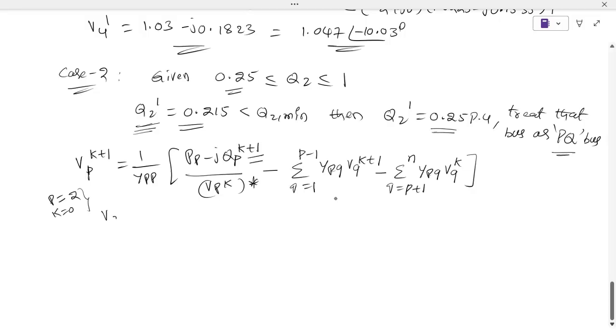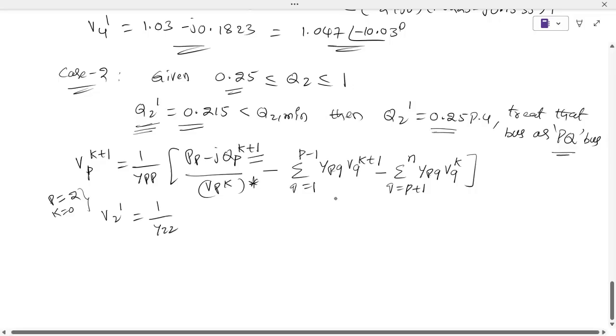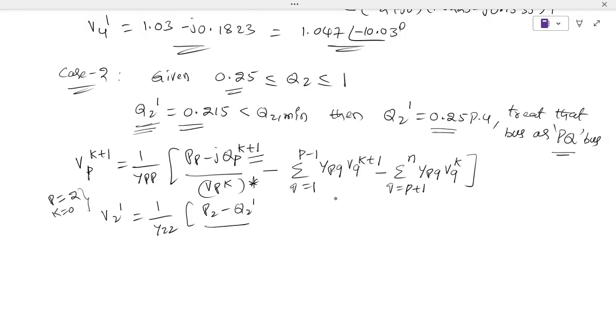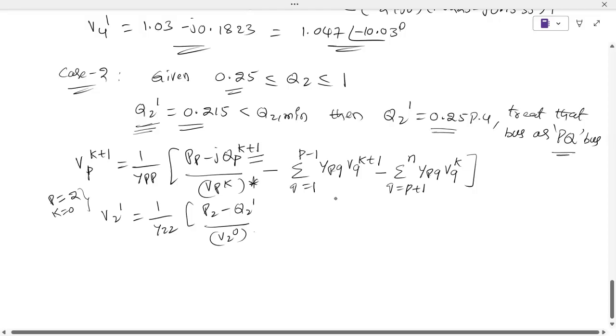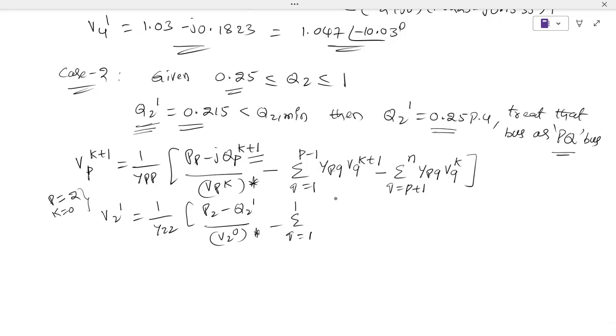That is V21 equals 1 by Y22, times P2 minus jQ21 by V2(0) conjugate, minus sigma q equal to 1 to 2 minus 1 of Ypq Vq(k+1), that is 0 plus 1, minus sigma q equal to p plus 1, that is 2 plus 1 equals 3, to N equals 4, of Ypq Vq(k), k equal to 0.